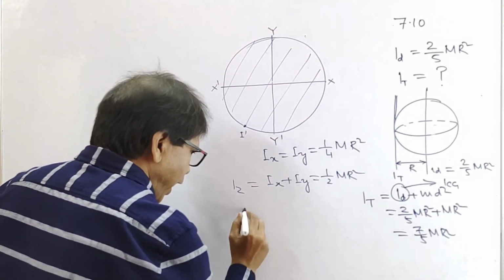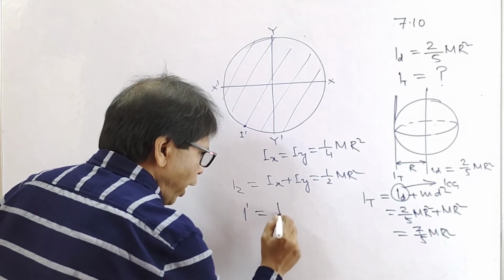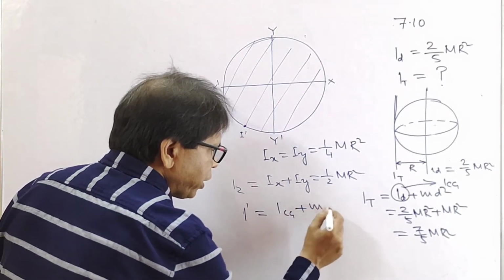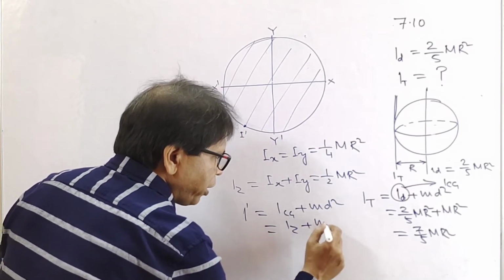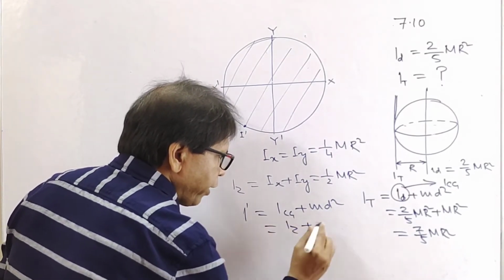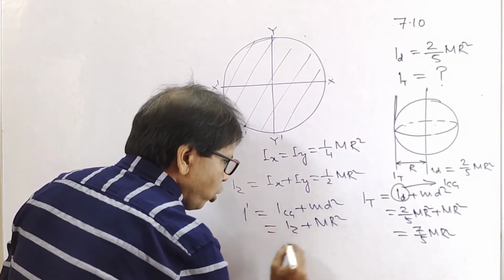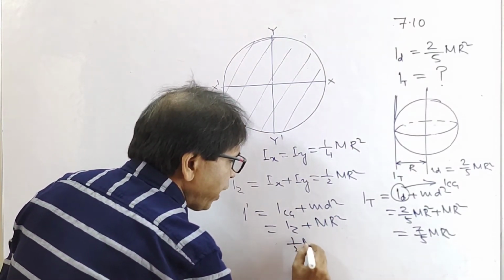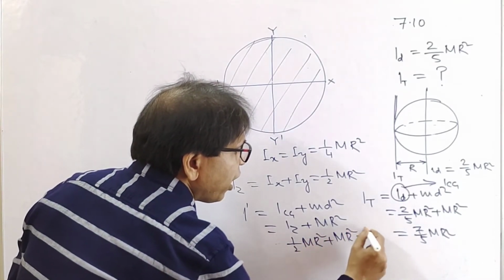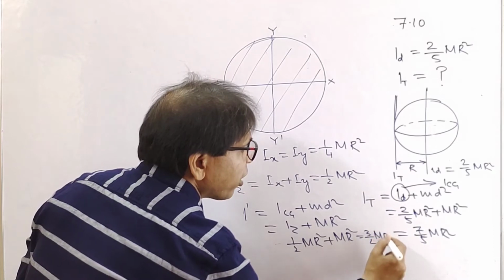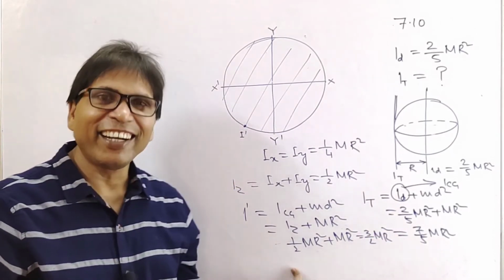I dash equals I CG plus M d square. Here I CG means Iz and d means R. So this is half capital M R square plus M R square, which is 3 by 2 M R square. Okay, understood? Now next.